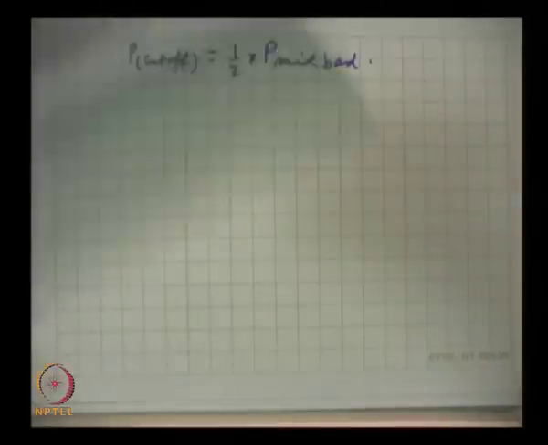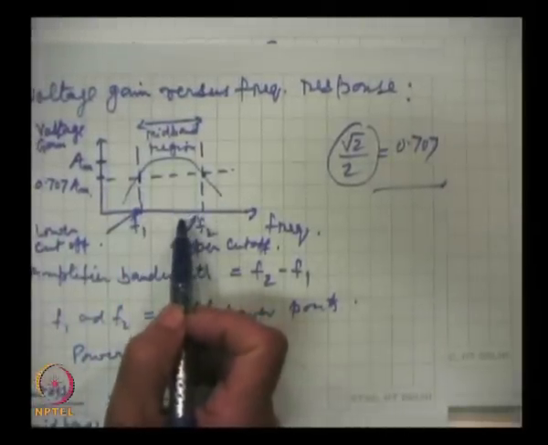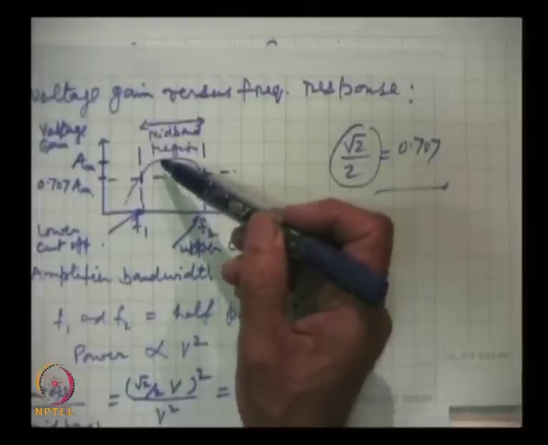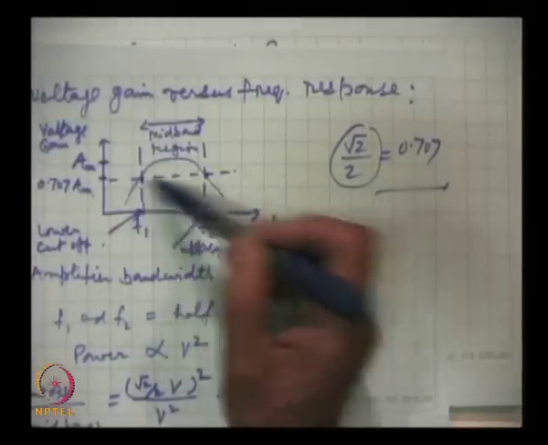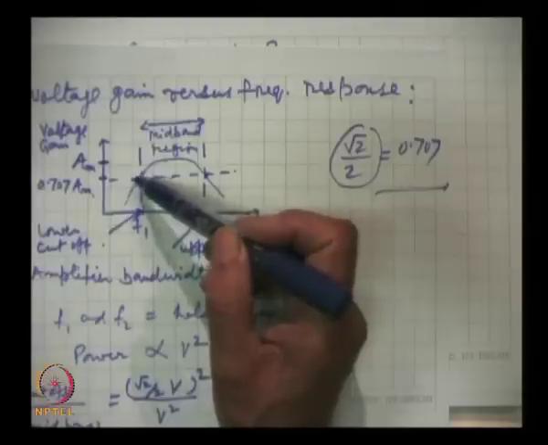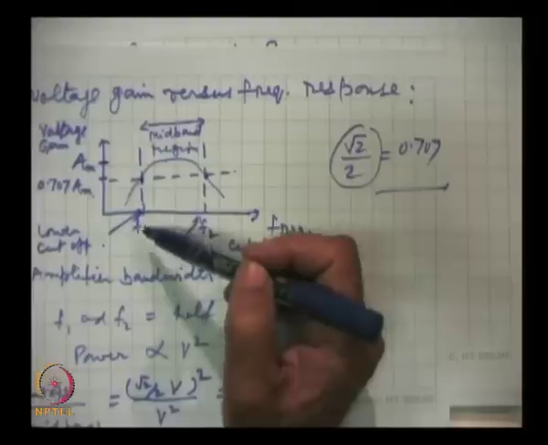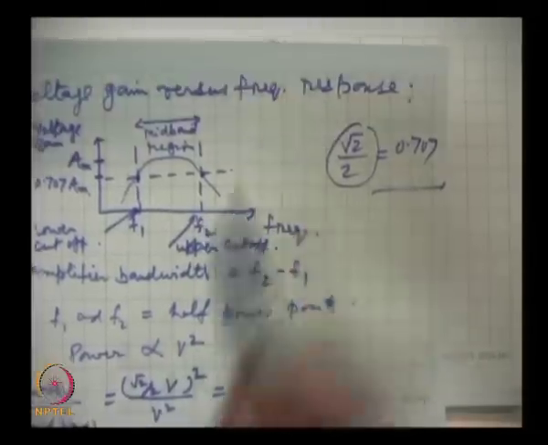That explains that these points F1 and F2 are half power points. So, when the power falls from midband to half of its value, then when it cuts this curve, it gives the lower cutoff F1 and upper cutoff F2 frequencies.